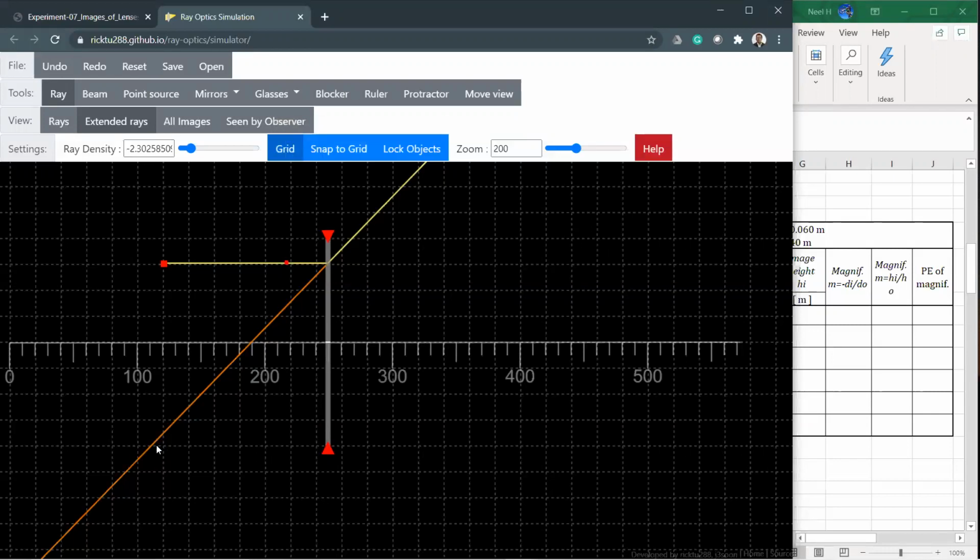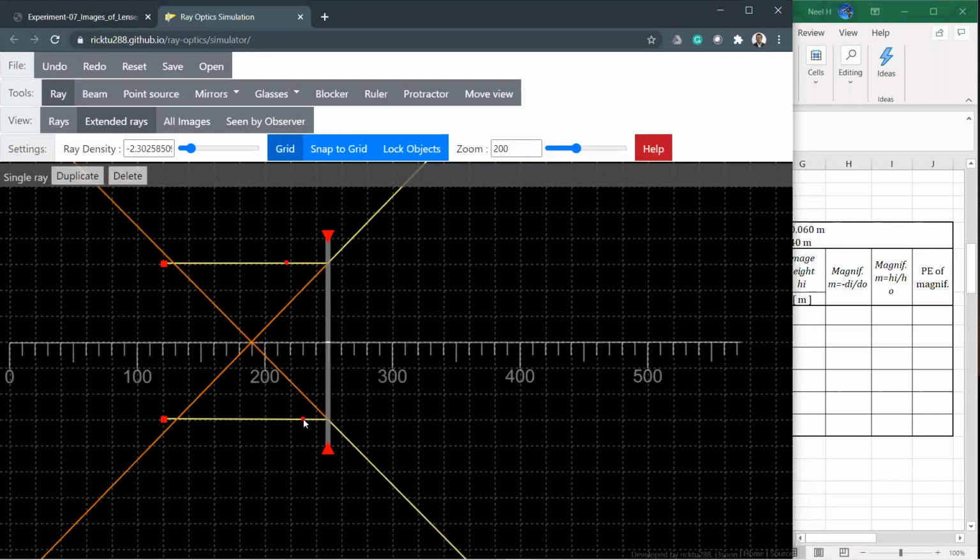Let's draw one more ray to confirm that, like we did for the last one. And the focal point should be on the other side too, right, depending on where the object is. So we can do 2 more rays from here, then we can confirm the focal point on the other side also.